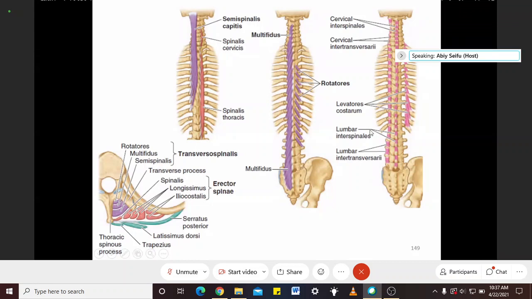And there are also the lumbar interspinalis and intertransversalis muscles. Those muscles are innervated by the posterior intercostal nerves, whereas the remaining deep muscles are innervated by the posterior ramus of the spinal nerve.